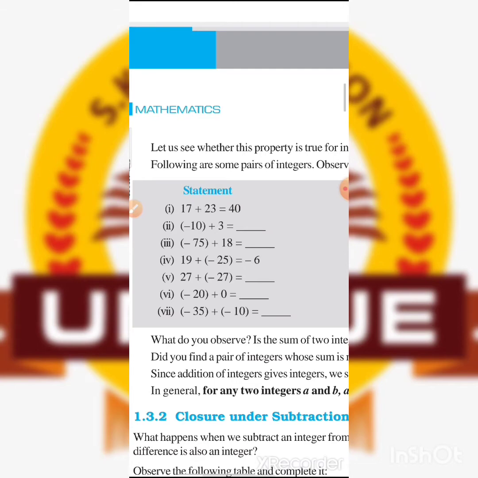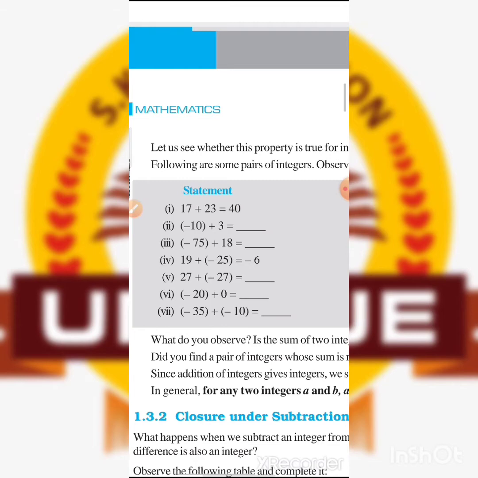The next example is minus 10 plus 3. Minus 10 is an integer, 3 is an integer. Their addition will also be an integer: minus 10 plus 3 is 7, and the bigger digit's sign is minus, so the answer is minus 7.